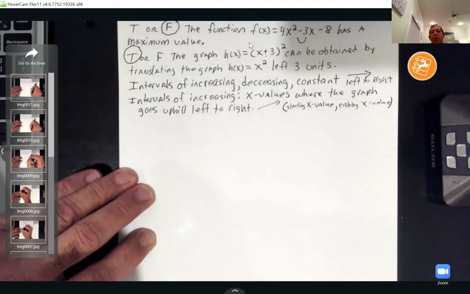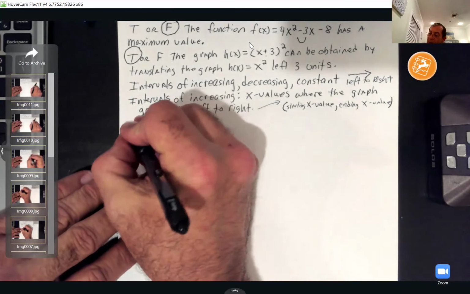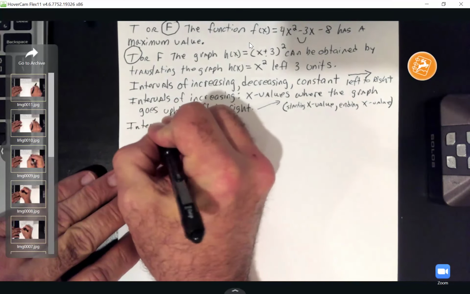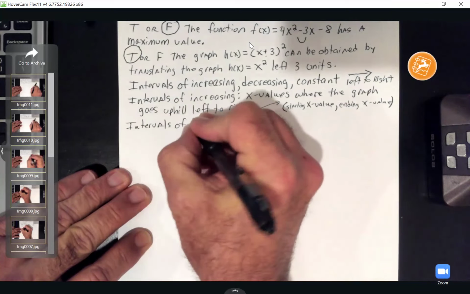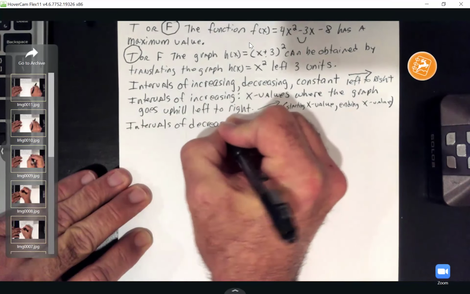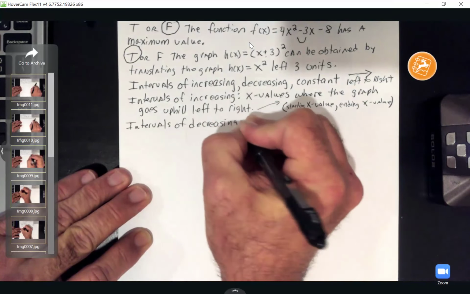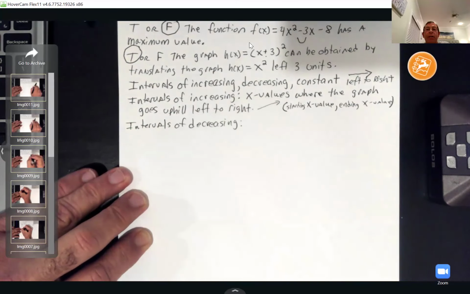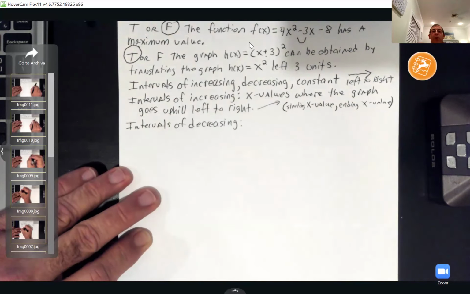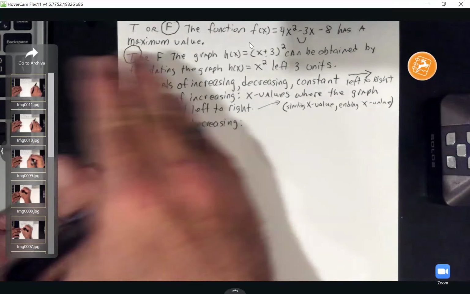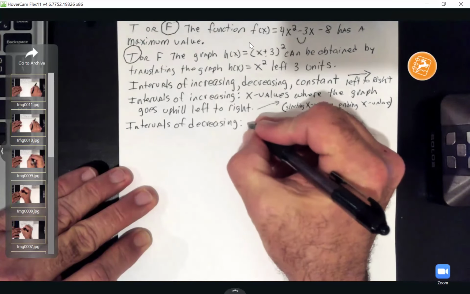So how about intervals of decreasing? Intervals of decreasing is the x values where the graph goes downhill, left to right.